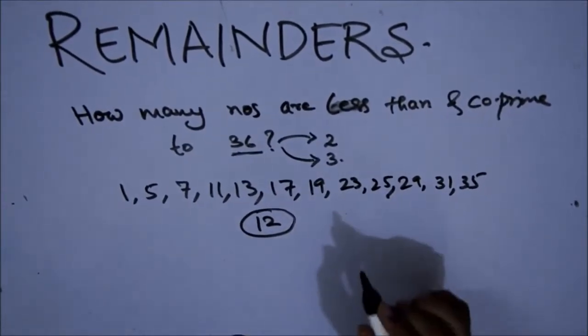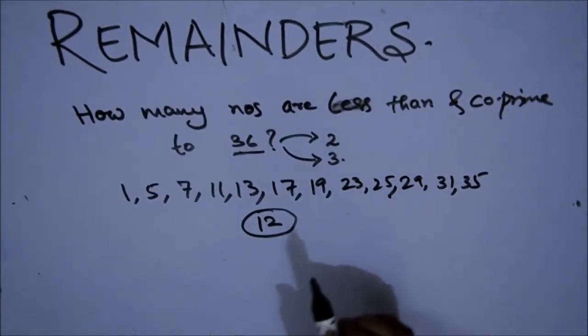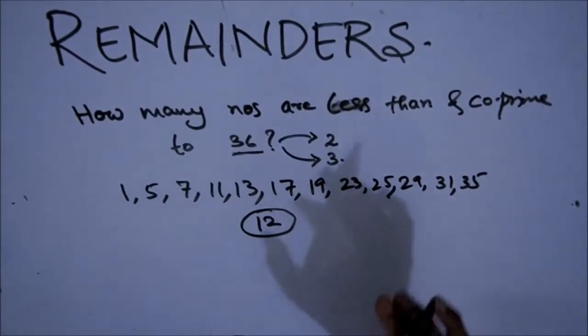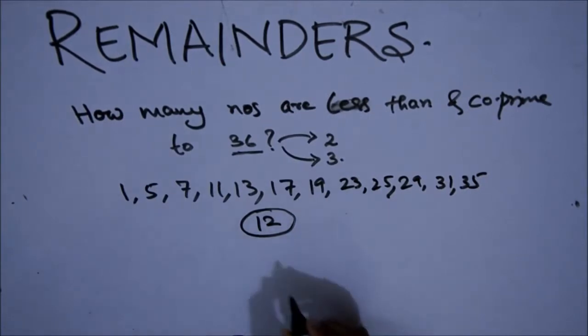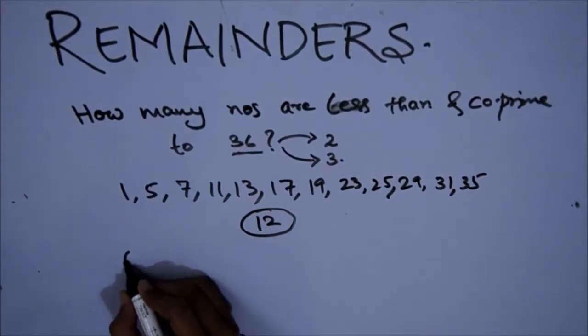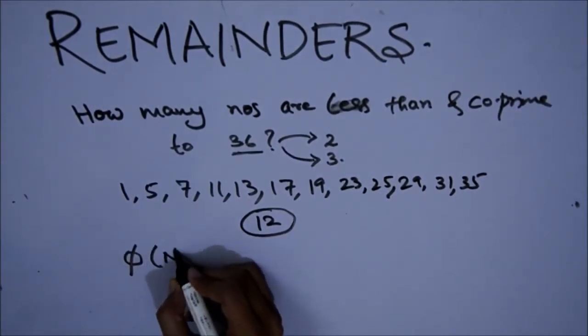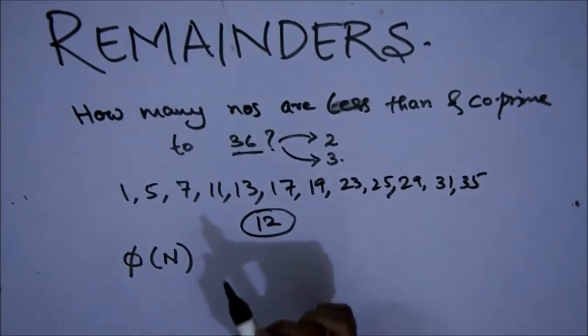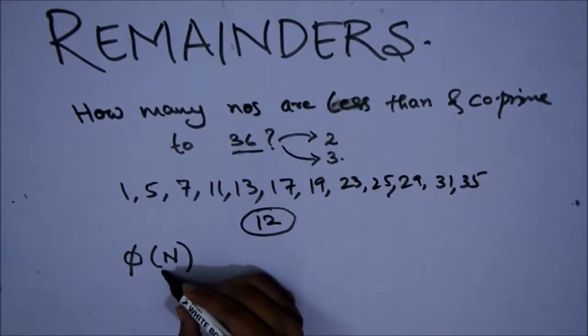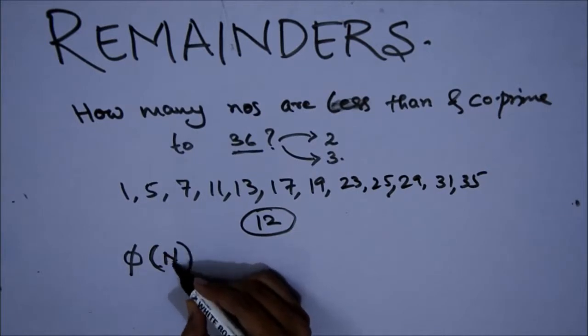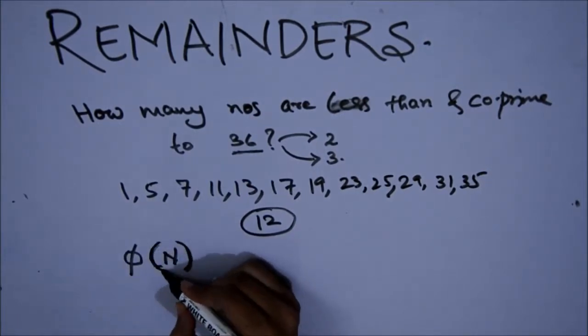But there is a simple formula using which we can find how many numbers are less than and co-prime to any given number n. To find the number of numbers that are less than and co-prime to n, we have to calculate phi of n, denoted by phi n.